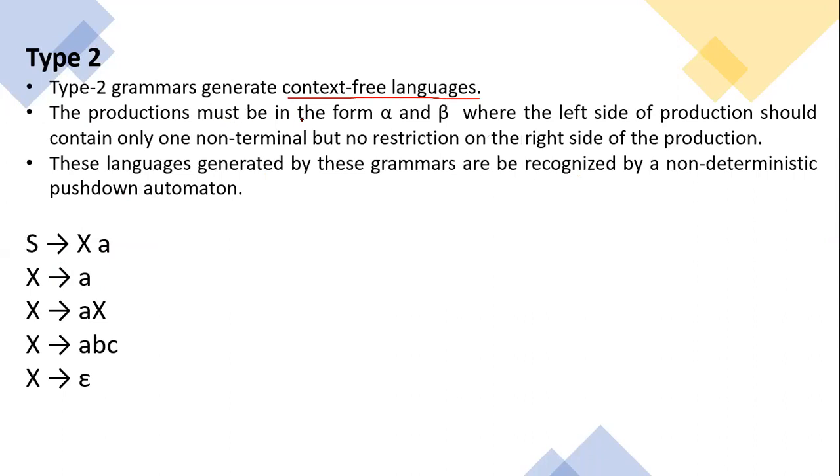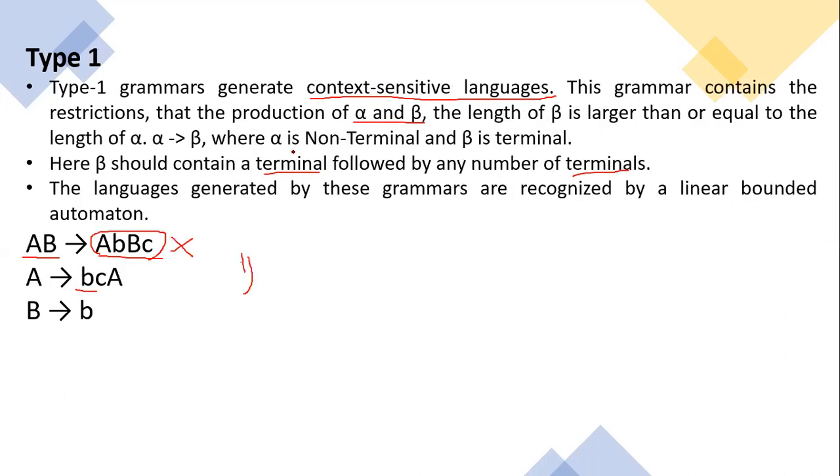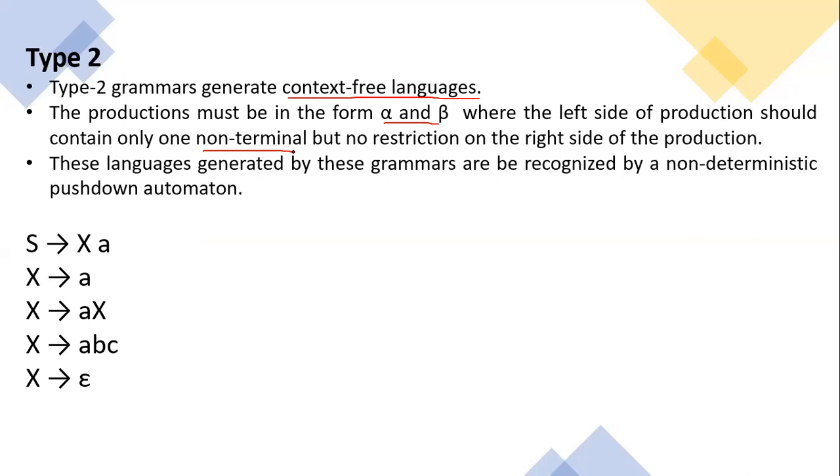The production must be in the form of alpha tends to beta, where the left side of the production should contain only one non-terminal. Non-terminal means capital letters, but there is no restriction on the right side of the production. The language generated by this grammar can be recognized by a non-deterministic push-down automata.